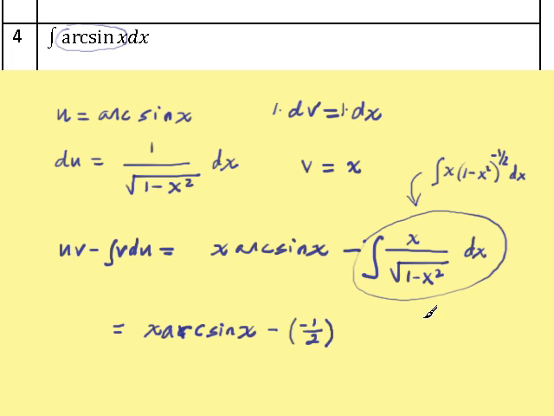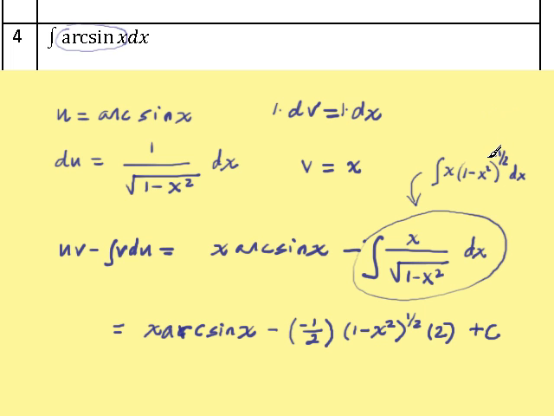And now we'll do the power rule. So we have 1 minus x squared, and we have minus 1/2 plus 1 is 1/2. Divide by 1/2, that's the same as multiplication by 2. Again, we could have done the u substitution over here.